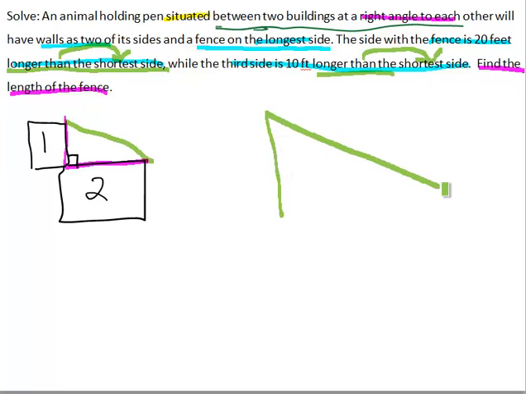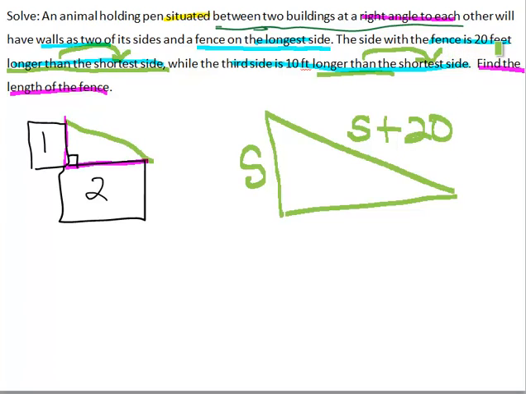So here's a new drawing of our triangle. My basic variable will be, I'm going to pick S for short. And the longest, the side with the fence, that's this side, is the short side plus 20. Again, the fence is 20 feet longer than the shortest side.